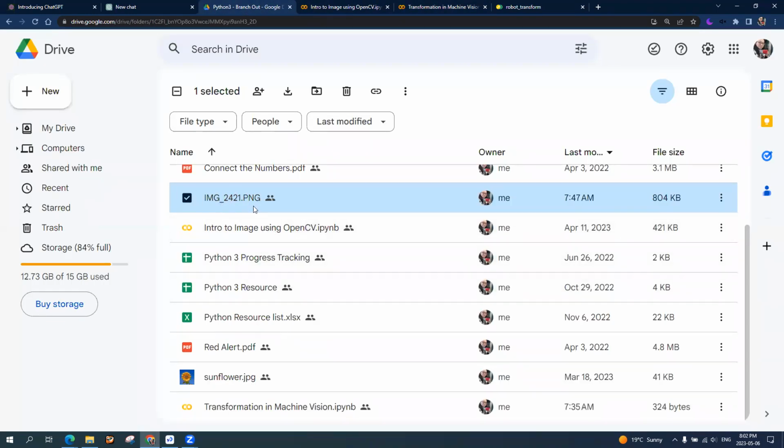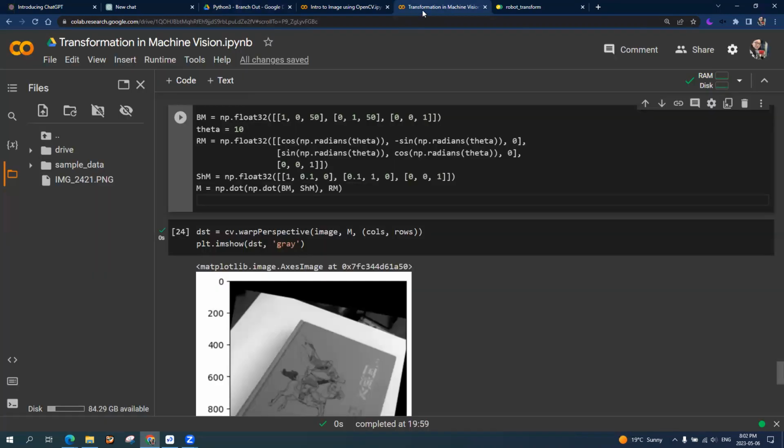It is this one here, IMG 2421. And remember that you have to upload. So download that image onto your own computer and then upload it into this workspace before you can load this image. Any questions? Wait, where do you find the notebook again? In the Python 3 folder.